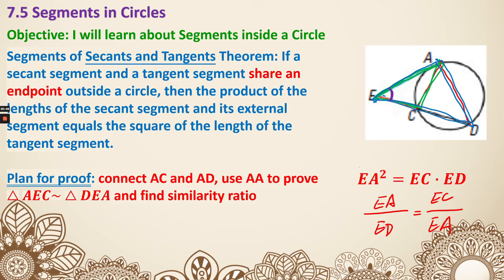And something special about this is AE is actually a tangent. AE is a tangent. This is a tangent. But AC is a chord. So if you recall, we have learned something called the tangent and chord theorem.